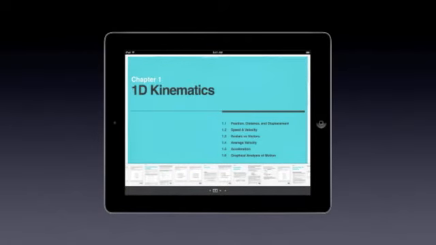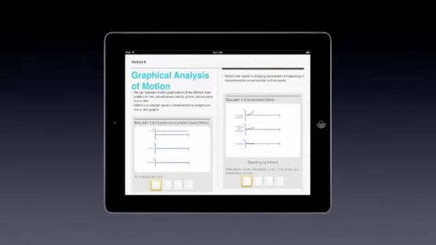Using iBooks Author to make the textbook has been as easy as it possibly could be. In fact, I gave training on this to some teachers in my school earlier today. It's just like making a Word document. And they were very excited about the ability to make their own textbooks.